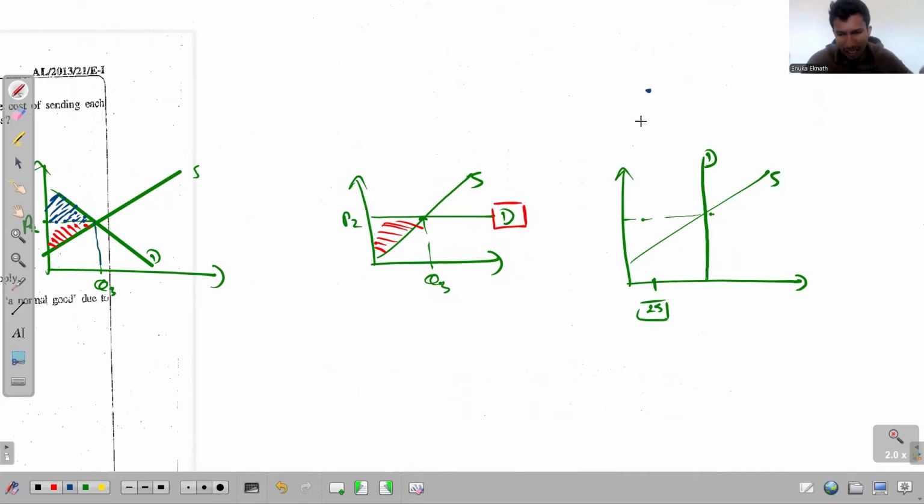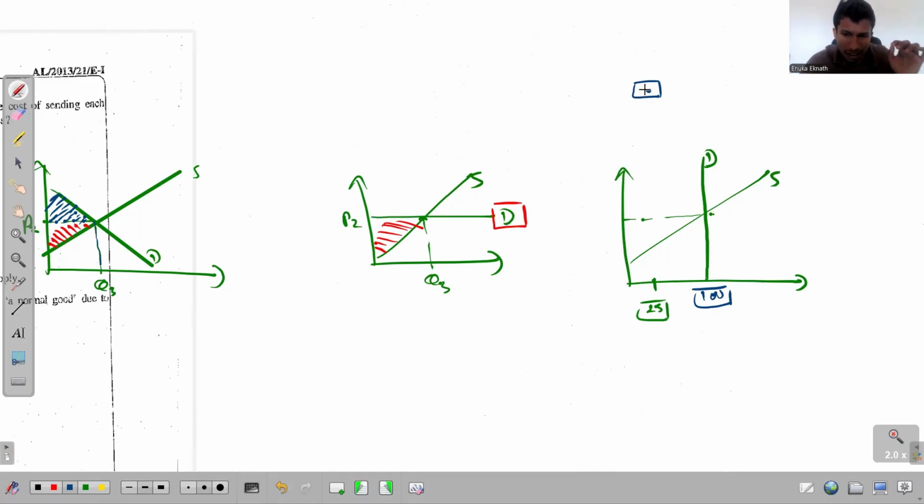We don't even see that, since the product is having a perfectly inelastic demand. Doesn't matter what the price is. The consumer is ready to pay whatever the price to purchase that required quantity. So this price could be infinity.